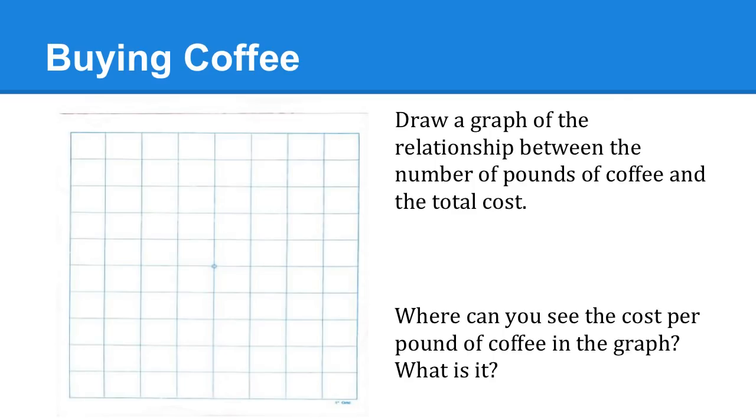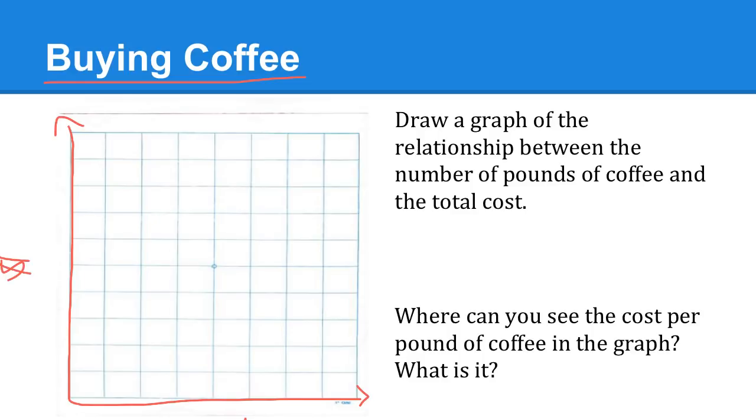So now that I have my data as ordered pairs, I can certainly draw in a graph for that. So I already have my title right here, buying coffee. I'm going to draw in my Y and my X-axis. I already know what the labels are from my table. My X-axis was pounds of coffee, and my Y-axis was how much it cost.